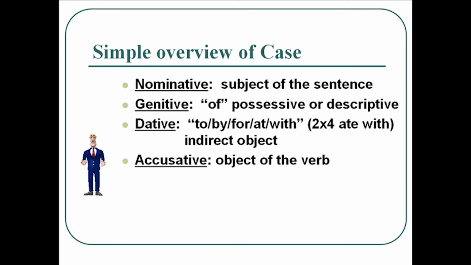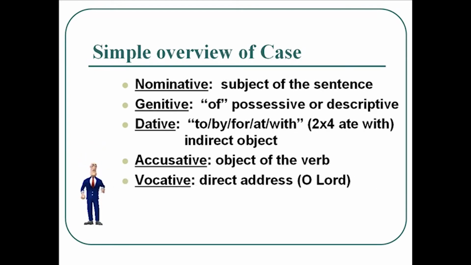The accusative is the object of the verb. And the vocative is the case of direct address, O Lord. But it's very infrequent, so we're not going to do too much with the vocative at this point.